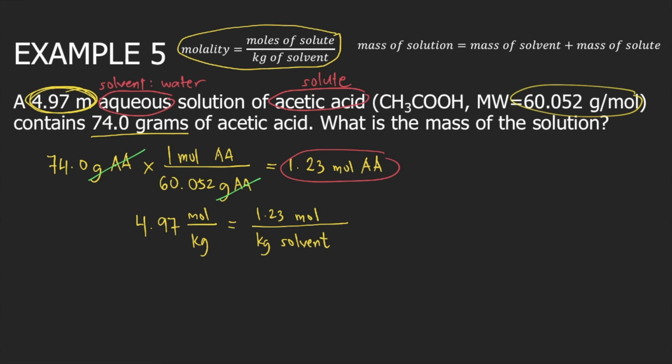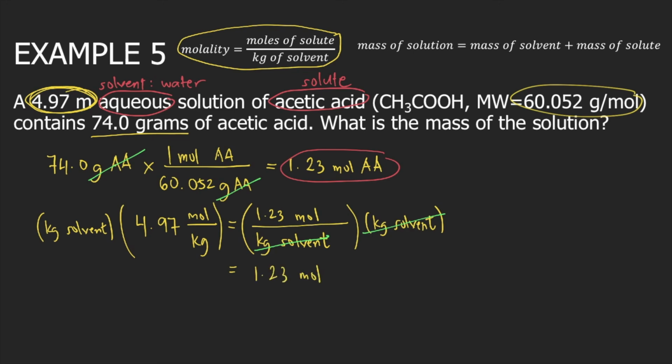So to solve for the kilograms of solvent, the first thing you need to do is to multiply both sides of the equation by kilograms of solvent. So kilograms of solvent will cancel on the right side. So what remains on the right side is 1.23 moles. And on the left side, you have kilograms of solvent times 4.97 mole per kg.